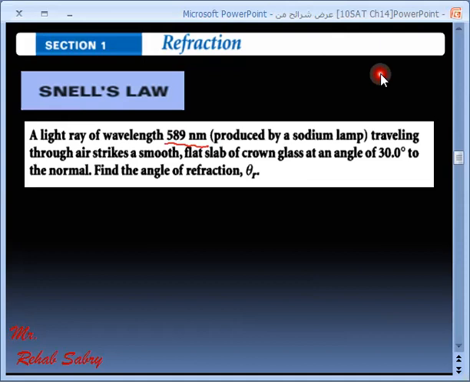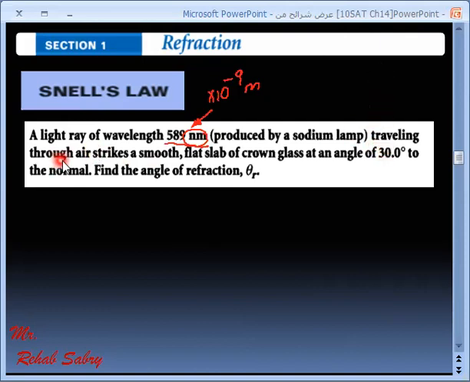Here we will not use this, but sometimes we will need this. Nanometer means times 10 to the power of -9 meters. So to change nanometer to meter, we multiply by 10 to the power of -9, but we will not use lambda here in this formula because we don't have lambda in Snell's law. Let's continue.